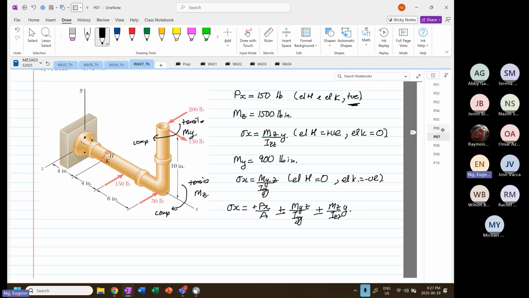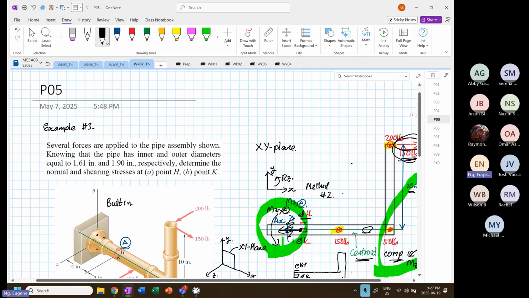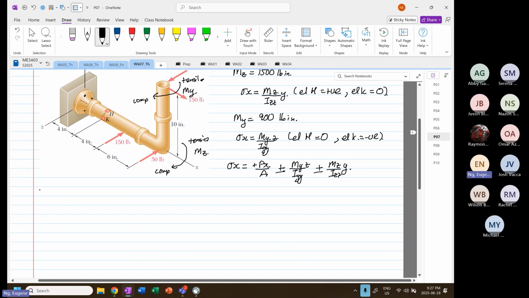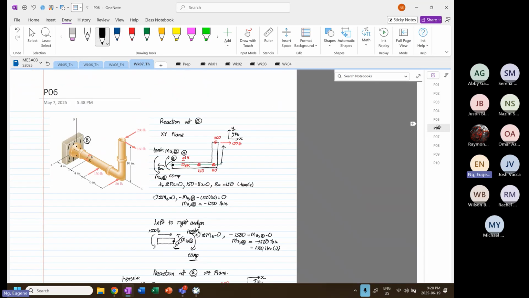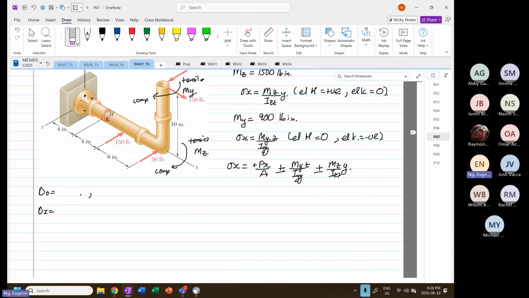Okay, so if we were to look at the question, we have outer diameter and inner diameter. So the outer diameter is equal to 1.9 inches, and the internal diameter is equal to 1.61 inches, right?